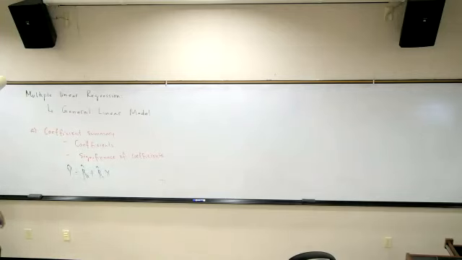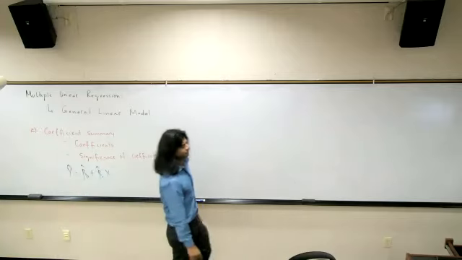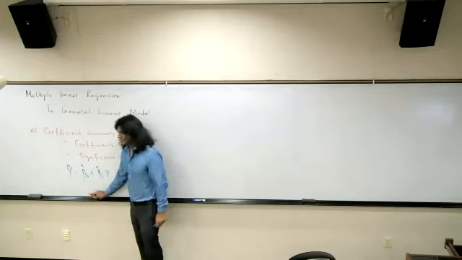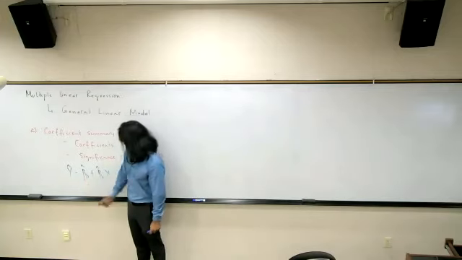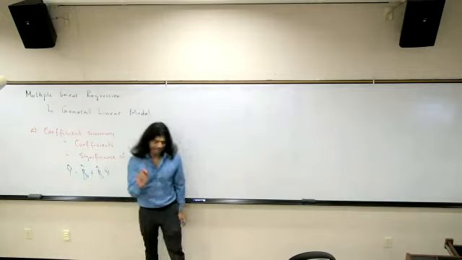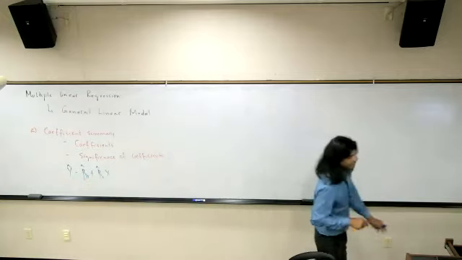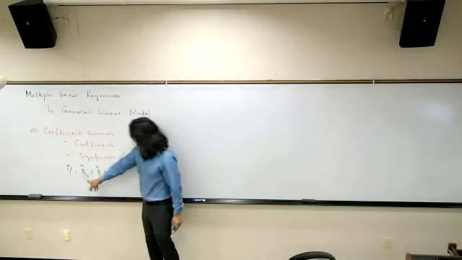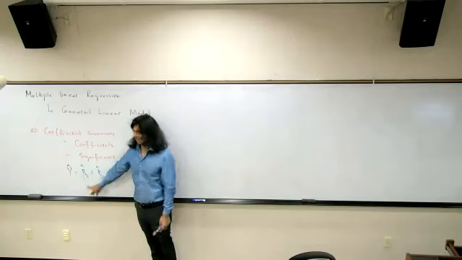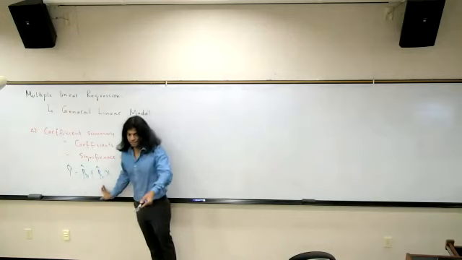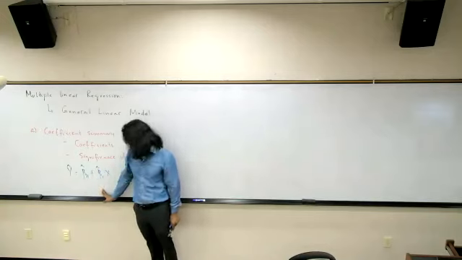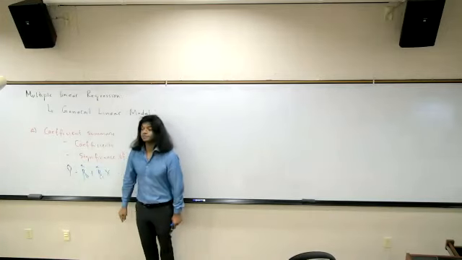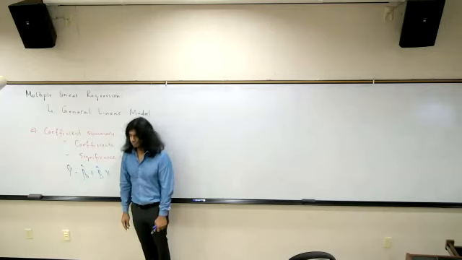What are the coefficients? Beta naught hat, beta 1 hat, they are estimated. Those are the coefficients. And if both beta naught hat is significant and beta 1 hat is significant, then the entire fitted model is significant. Do you agree?